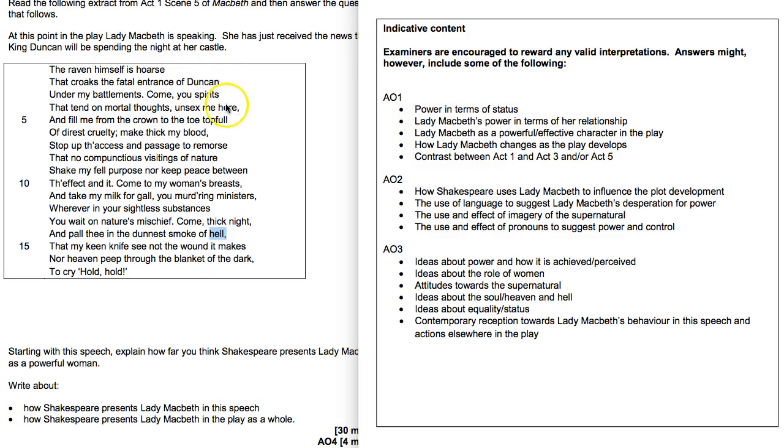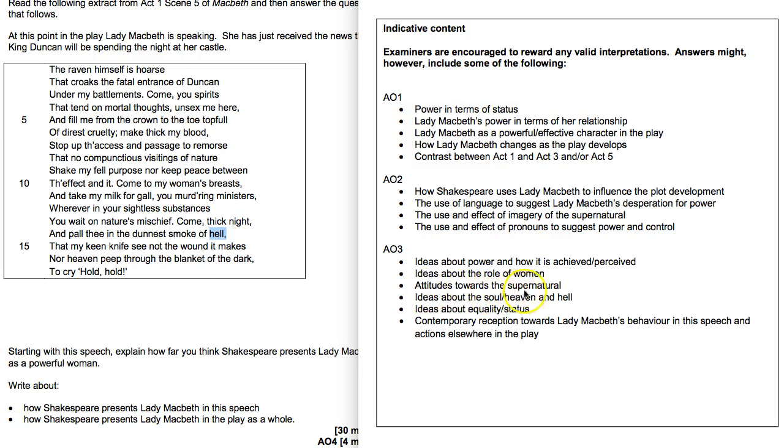We've already mentioned that, so we've already hit AO3 by mentioning the patriarchal society. Ideas about the role of women, well, we've already looked at that when we talked about the Weird Sisters and Lady Macduff. So actually what we're doing is using our context while we're discussing AO1 or AO2, and that gives us those different perspectives from this extract and elsewhere in the play.